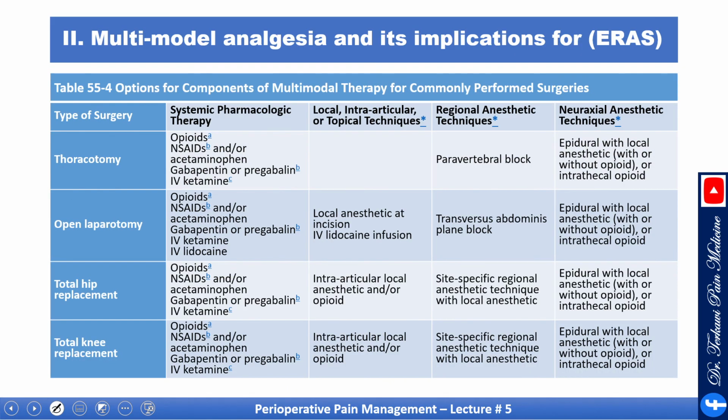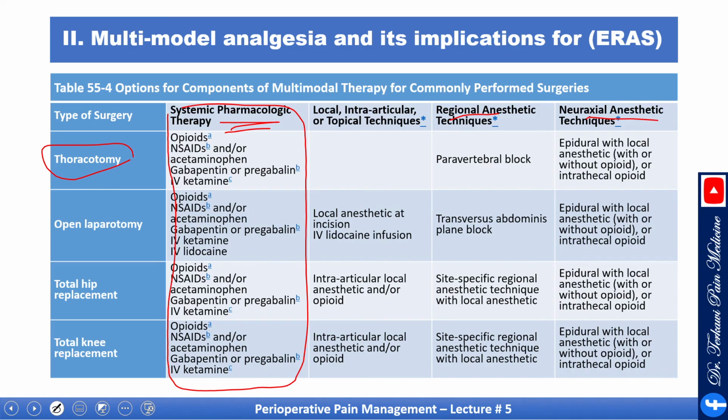And again, you see the concept. So if you have a thoracotomy, these are the pharmacological options, remember the previous slide, the puzzle game, regional, neuroaxial. Now, notice the multimodal approach in all of this, which, if you think about it, is about the same.